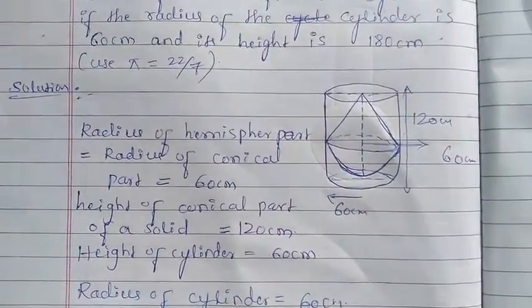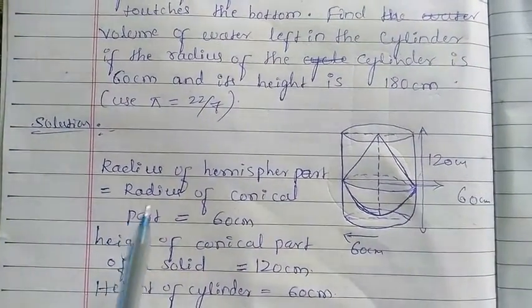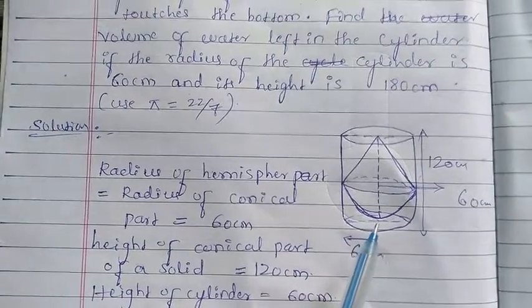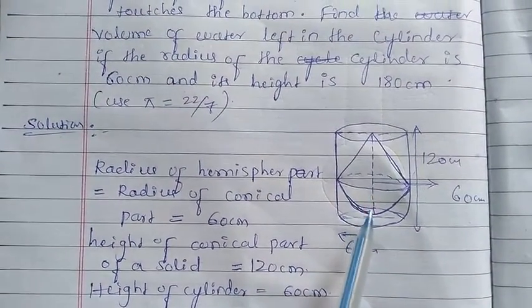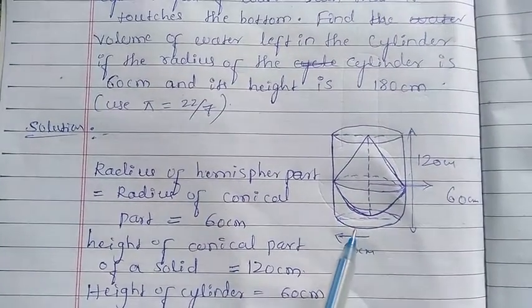So first I have to write what is given, children. The radius of the hemisphere part is equal to the radius of the cone, correct. They have given from here to here 60 centimeter, the radius of this hemisphere. Remember, this hemisphere touches the bottom of the cylinder.